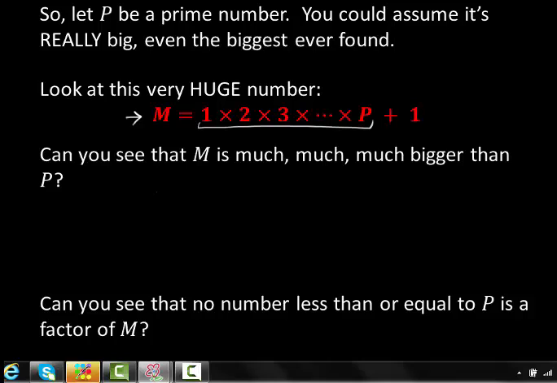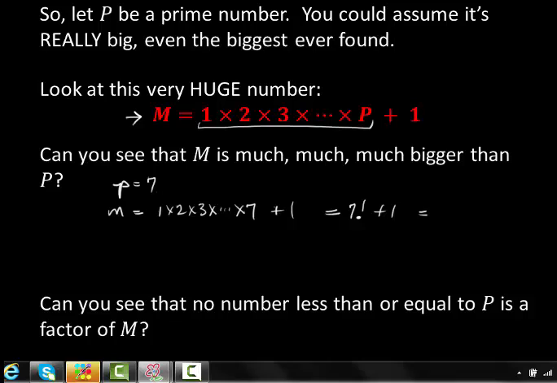To make sure you see that, let's say we chose little p equal to 7, and we make little m equal to 1 times 2 times 3 up to times 7, and add 1. If you multiply that out on your calculator, it's 7 factorial plus 1, and you will get 5,041, I think. Let's check.